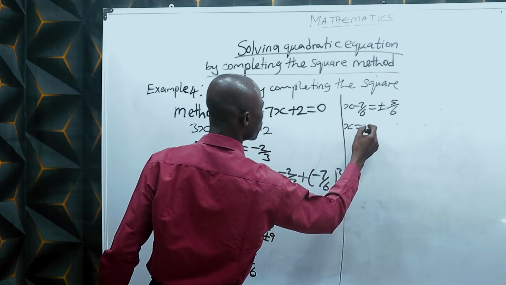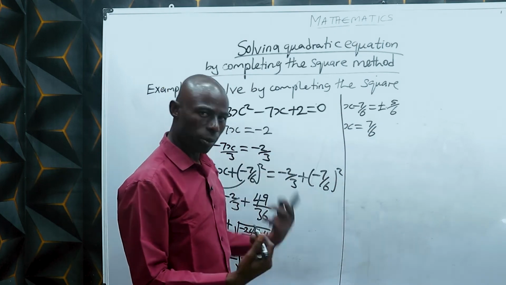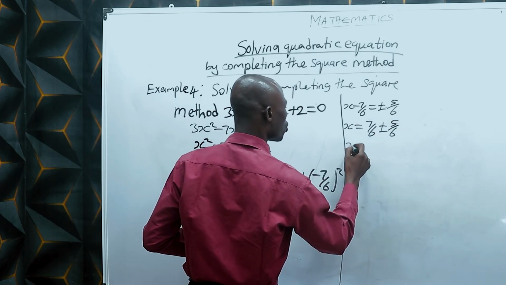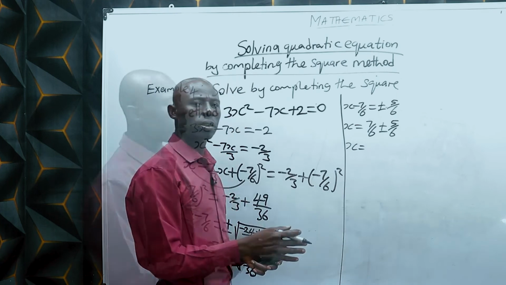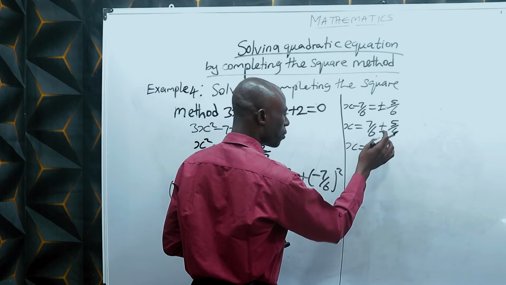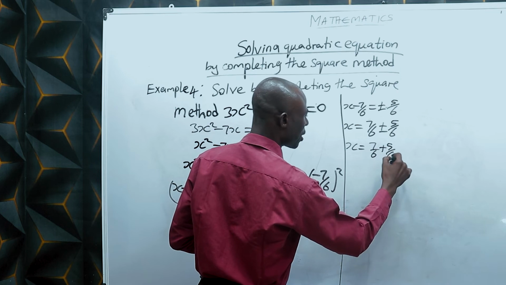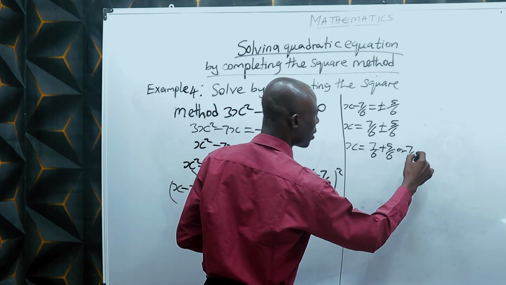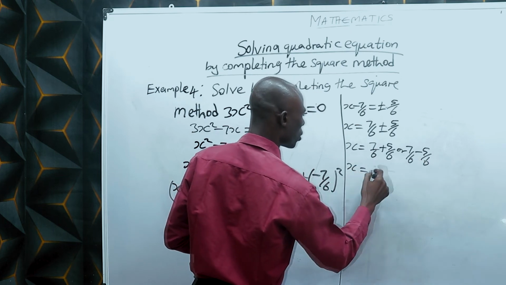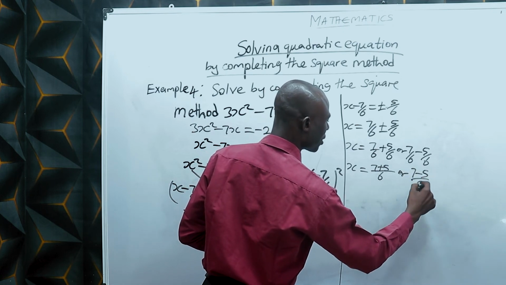So we have x equals 7 over 6, we take minus 7 over 6 to the other side, it becomes positive, plus or minus 5 over 6. So we rewrite this equation one after the other, one for positive, one for negative. So x is equal to 7 over 6 plus 5 over 6, or 7 over 6 minus 5 over 6. X equals 7 plus 5, or 7 minus 5, over 6.